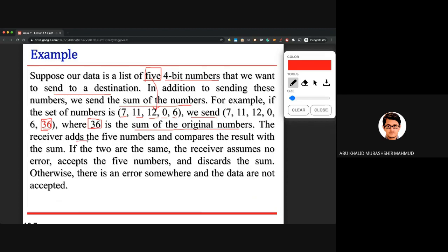The receiver adds the 5 numbers and compares the result with the sum. If the two are the same, the receiver assumes no error, accepts the 5 numbers and discards the sum. Otherwise, there is an error somewhere and the data are not accepted. This is the whole process that we will follow during the checksum technique.